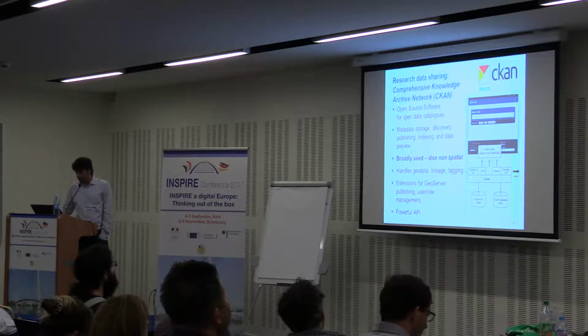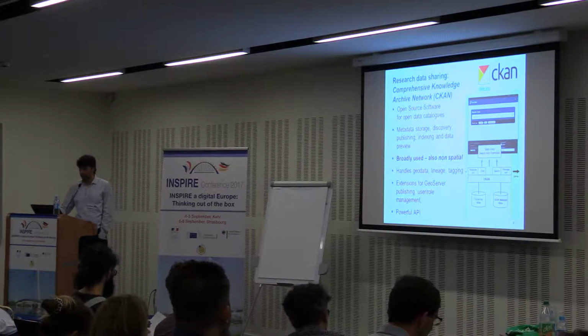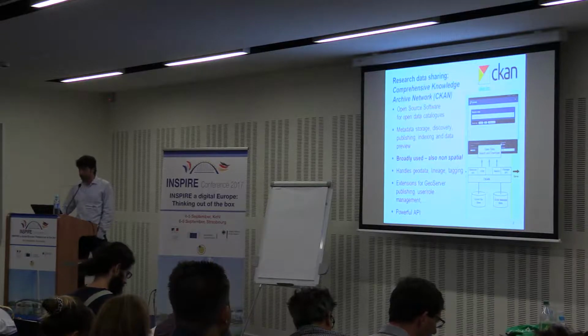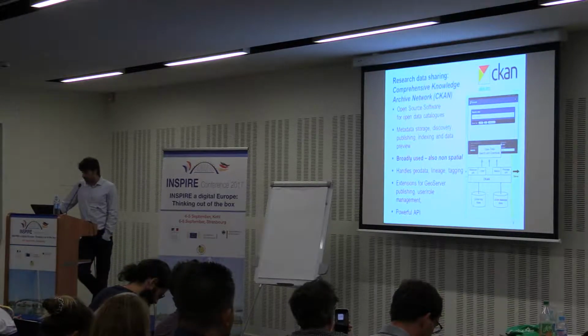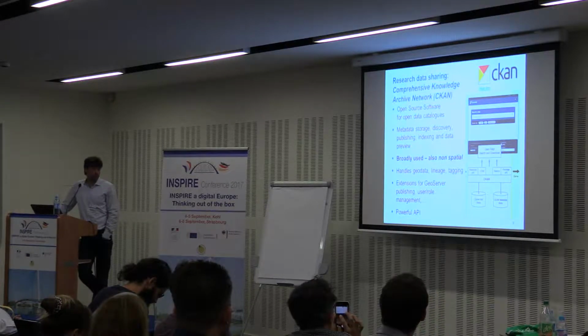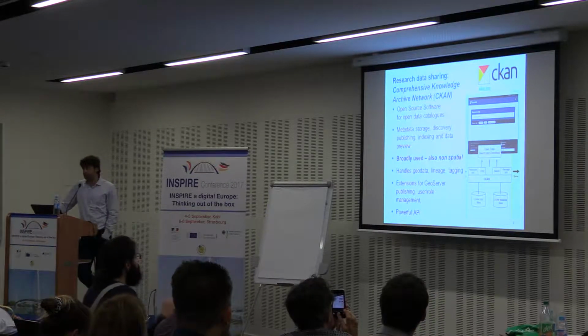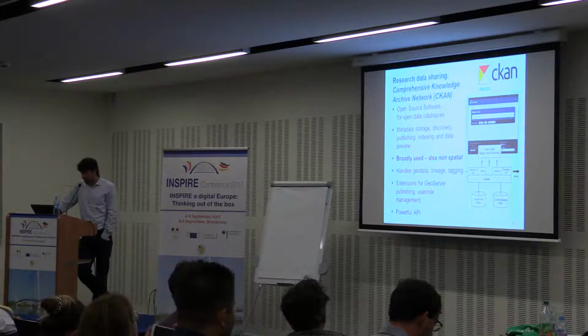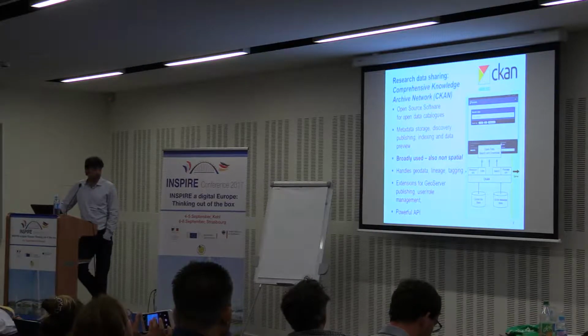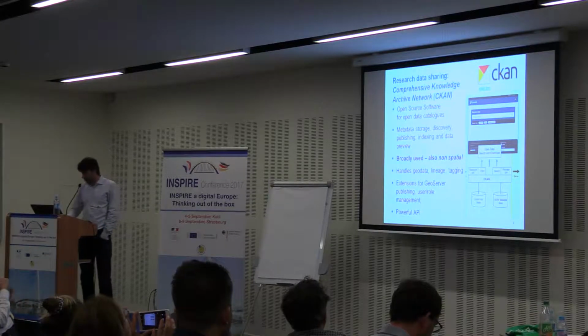It has huge capabilities in terms of storage, discovery, and indexing, and all these things are supported here. And we have built extensions to GeoServer, so it's possible to provide the data via the OGC interfaces or services here as well. And of course, this could also be INSPIRE services.